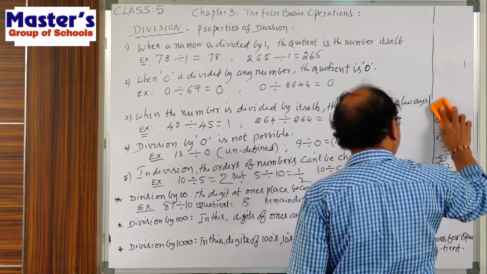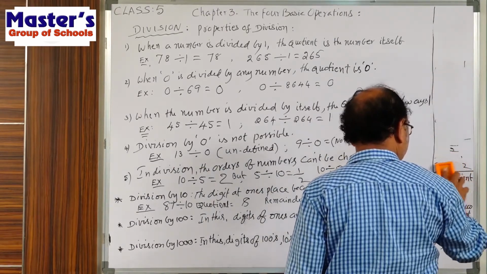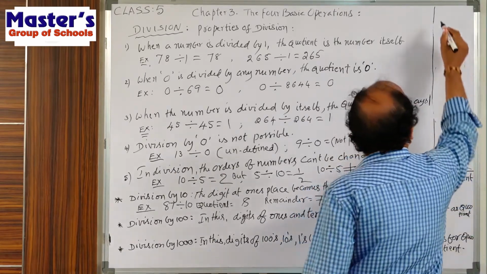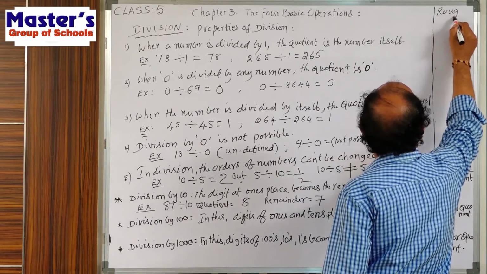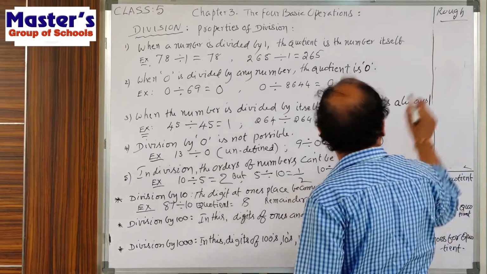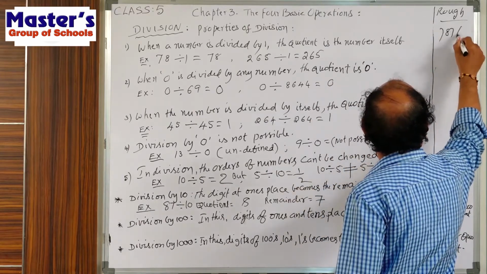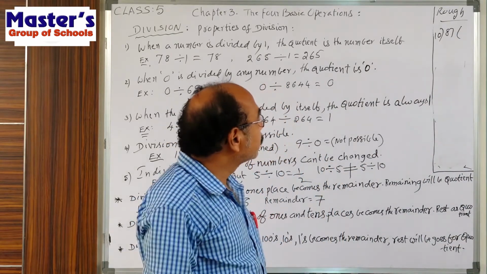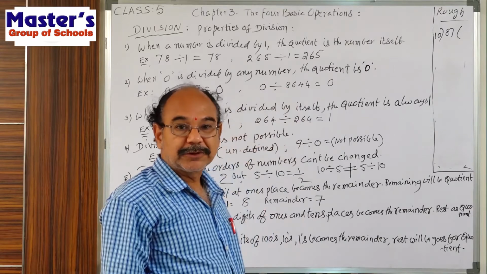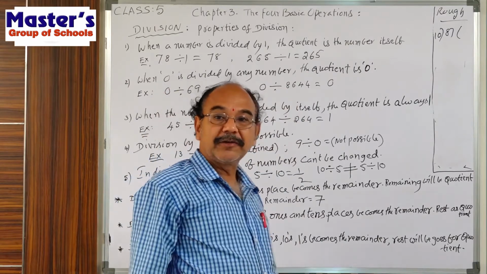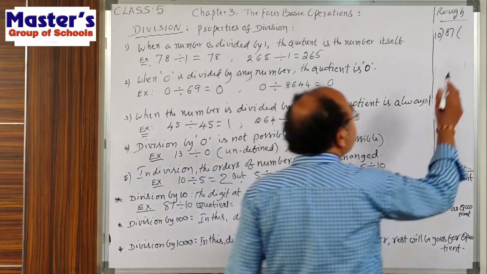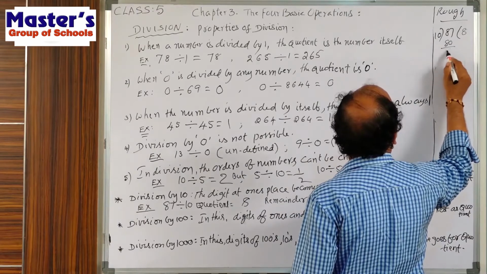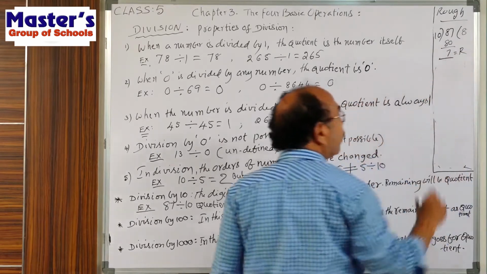You can observe the actual division. See children, divide 87 by 10. How many times does 10 divide? 8 times. 10 eights are 80. That's why you write 8 times. What is the remainder? 7.